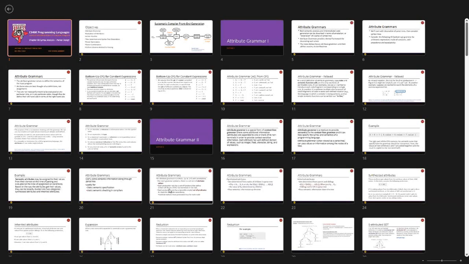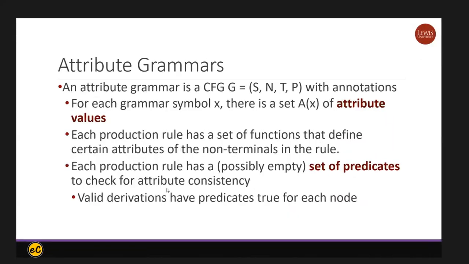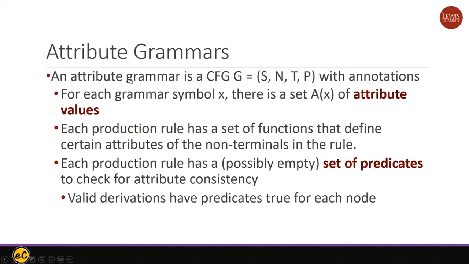Attribute grammar is written in mathematical format. It actually has a set of the attribute values, and then each production rule has a set of functions that define the attribute.